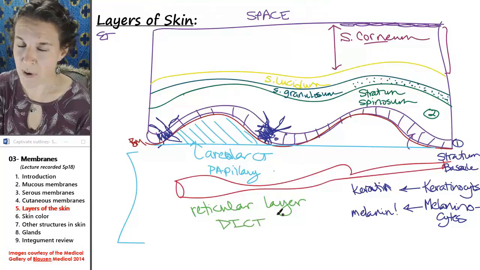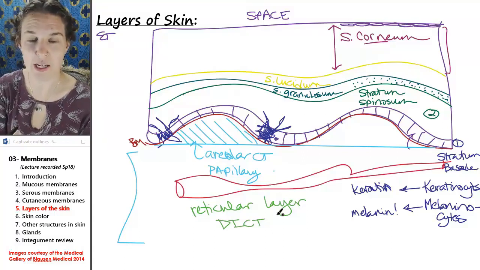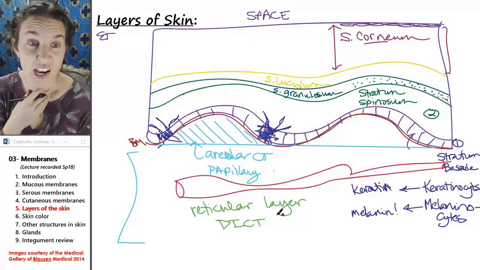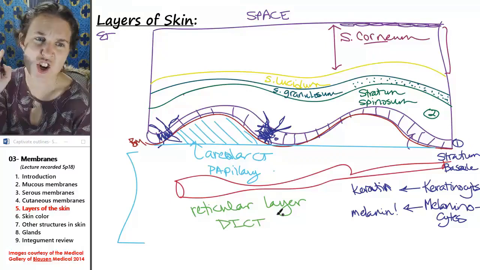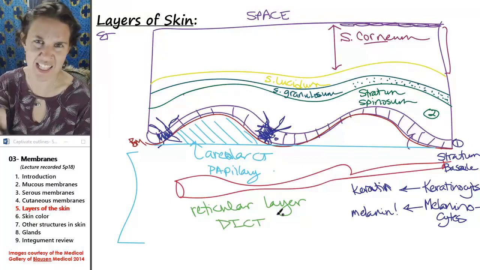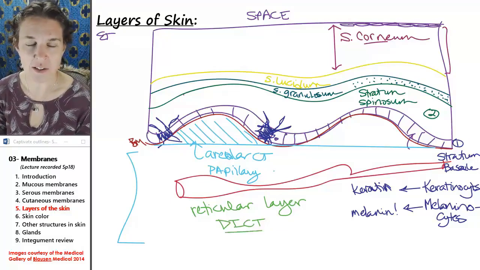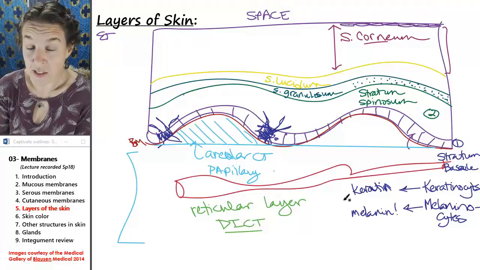I hope I've told you this like 5 billion times already, now that we're in lecture 3: don't abbreviate anything on any quiz or exam unless there's a note on the board that says you can. So that dense irregular connective tissue, don't abbreviate that. But that's what the reticular layer is made of.